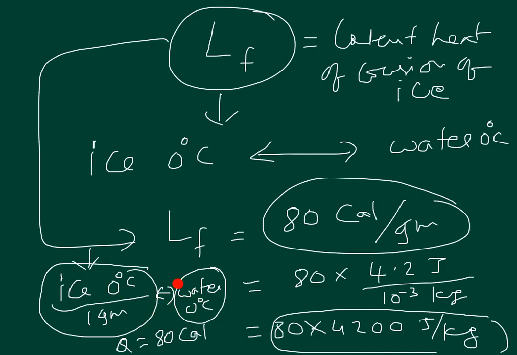But how much water? 1 gram. 1 gram of ice will become 1 gram of water when 80 calories of heat is provided. So that is represented here, LF value as 80 calorie per gram. That means for 1 gram, 80 calories of heat is required for this transition between ice at 0 and water at 0. I hope you are clear now.